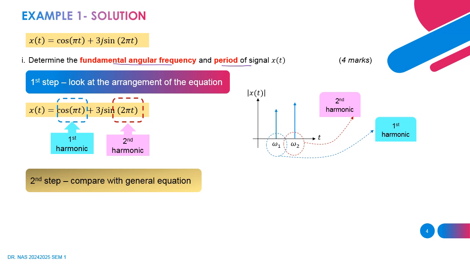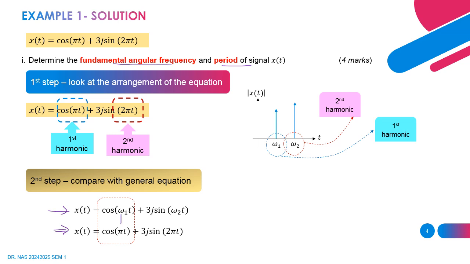So next you need to compare with the general equation. So this is the general equation: x(t) equal to cos(ω0 t) or cos(ω1 t). In this case, this is the given equation, so you can compare directly: ω1 in this case equals π radian per second.